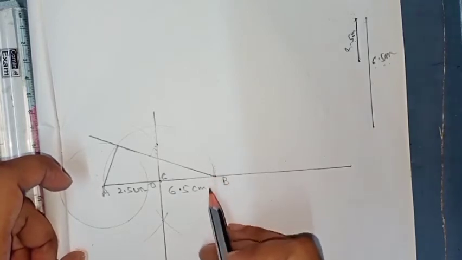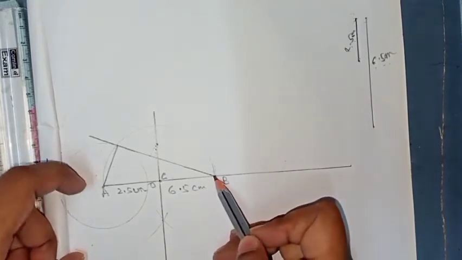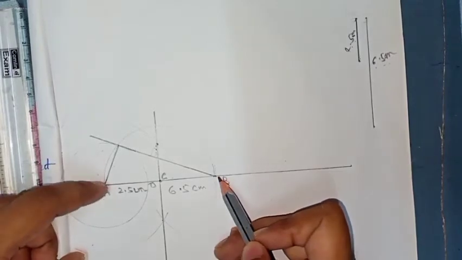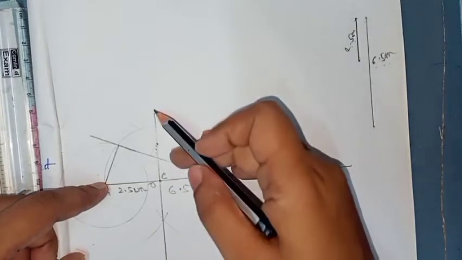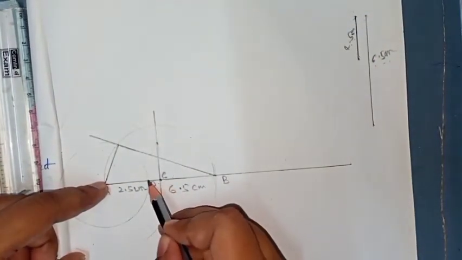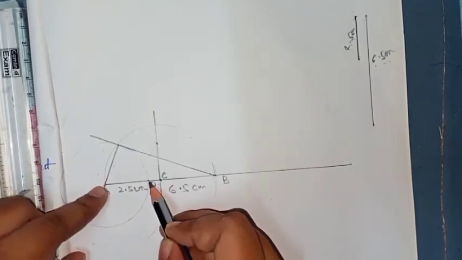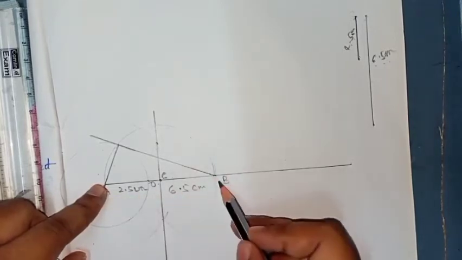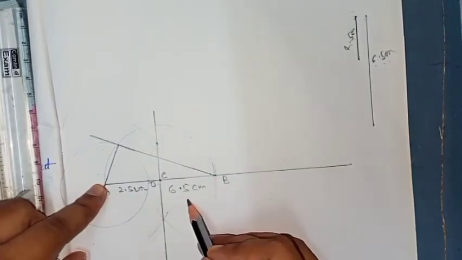Then you will take the perpendicular bisector of AB, taking more than half, cutting up and down and drawing one perpendicular bisector. Give point name C. I am giving this point name O. So A to O distance is 2.5 centimeter, A to B distance is 6.5 centimeter.